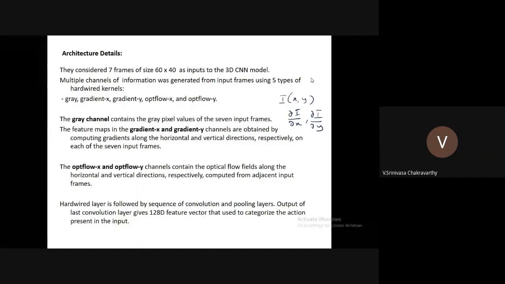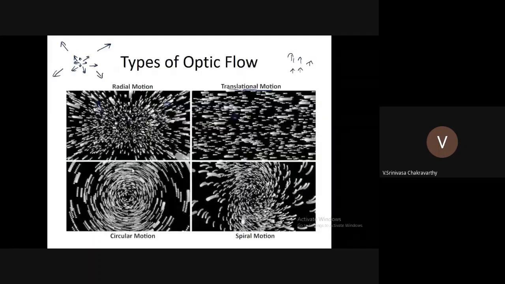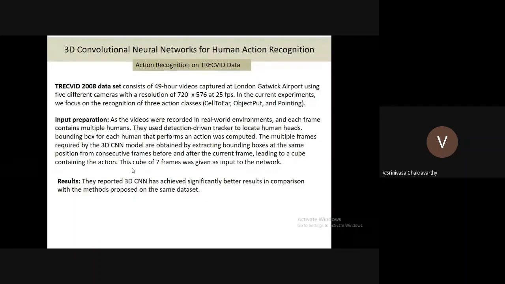So they have taken both optic flow in X and optic flow in Y, and they have added these images: gradient X, gradient Y, optic flow in X and optic flow in Y. So basically, these are spatial derivatives, both of them, and these are temporal derivatives, optic flow X, optic flow in Y. And they augment this to the input image, because the input image at any given time, the frame, only captures the instantaneous state of the image, whereas these derivatives will capture the variation through time also.